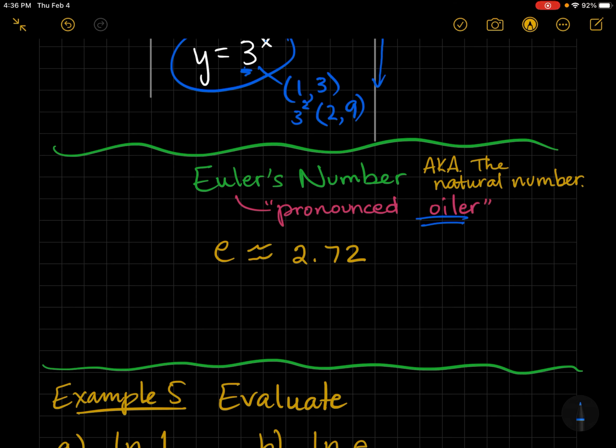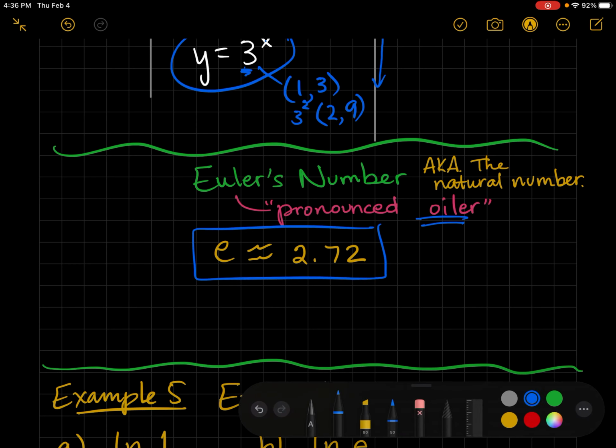Euler's number is approximately 2.72. It's also been called the natural number, and it's what we call a transcendental number. It has a higher meaning.